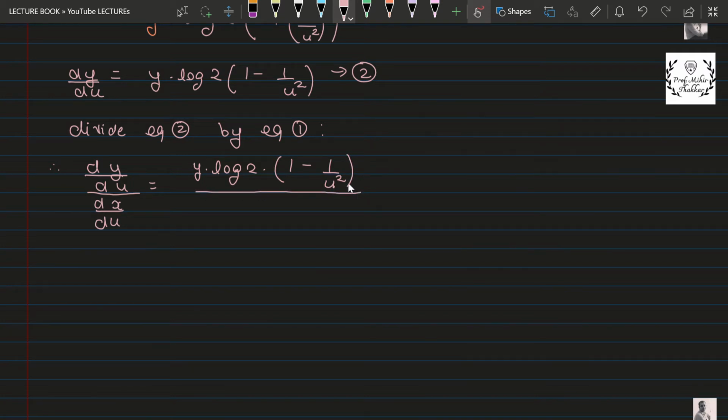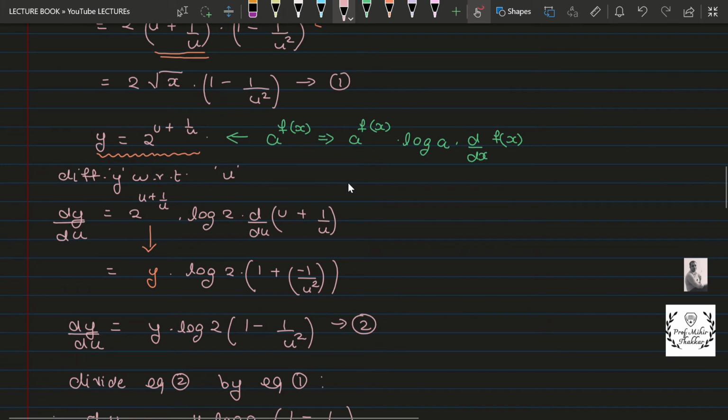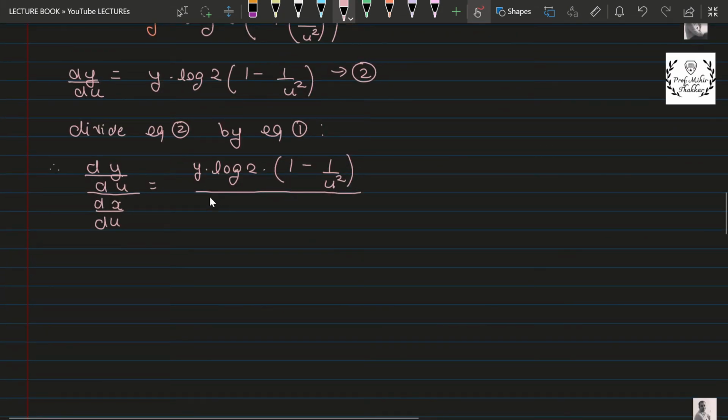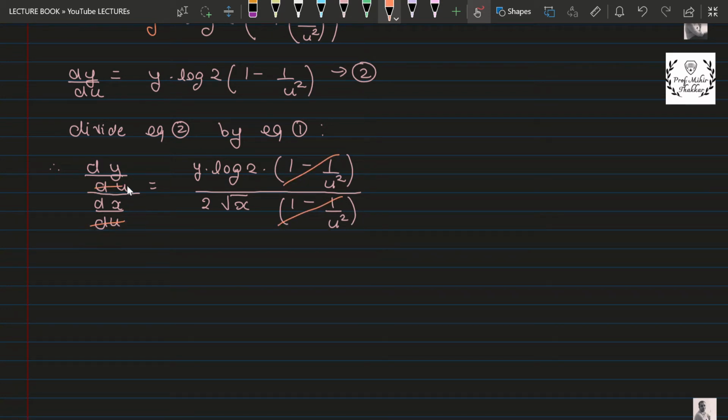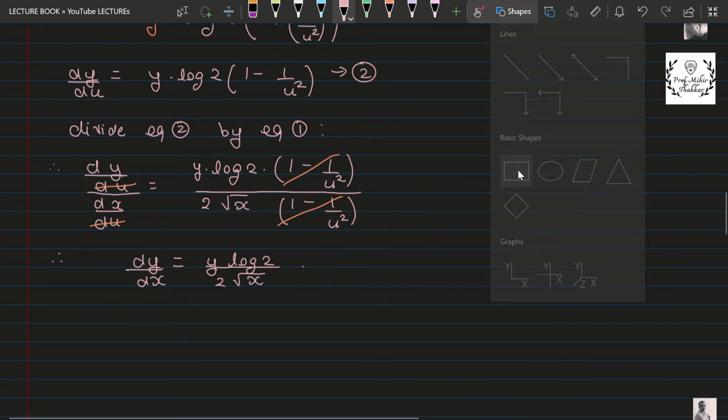Let us check out what was the derivative dx by du over there: 2 root x into 1 minus 1 by u square. Oh, that's great. So I can see here that the entire bracket element is going to get cancelled off, as well as du and du will get cancelled. So we get our answer: dy by dx is equal to y log 2 upon 2 root x.